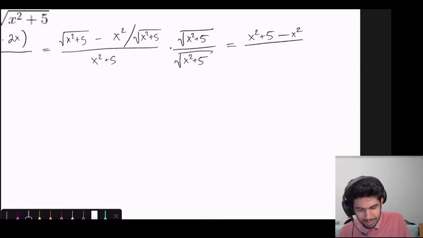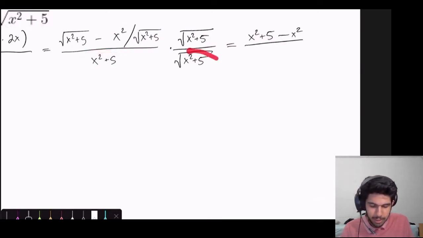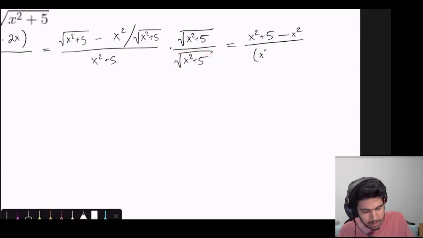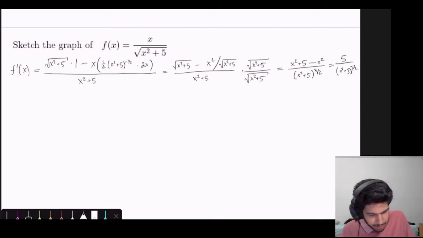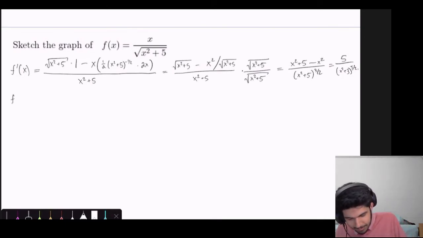All of this over, we can think of this as x squared plus 5 to the power of 1, and this is x squared plus 5 to the power of 1/2. So this would be equal to 5 over x squared plus 5 to the 3/2 power. So that's f prime of x.